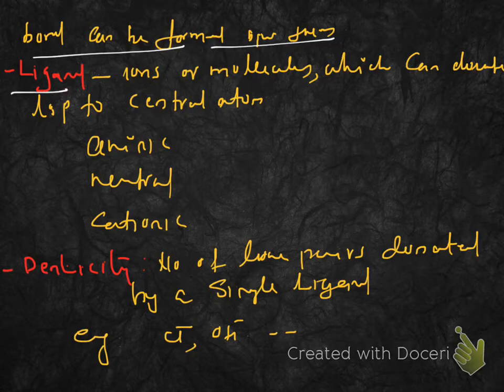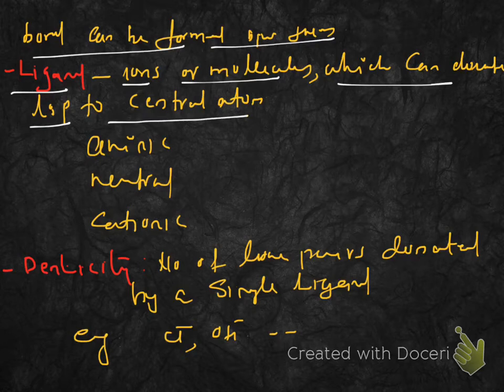Third one is ligand. Ligand is a wide topic which we can detail in another video. Simply, they are ions or molecules which can donate lone pair to central metal atom or central metal ion. Any species which can donate lone pair to central metal atom or ion.